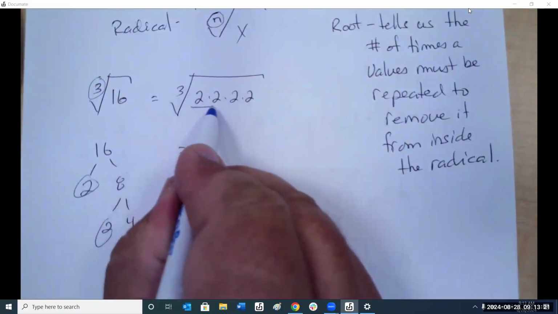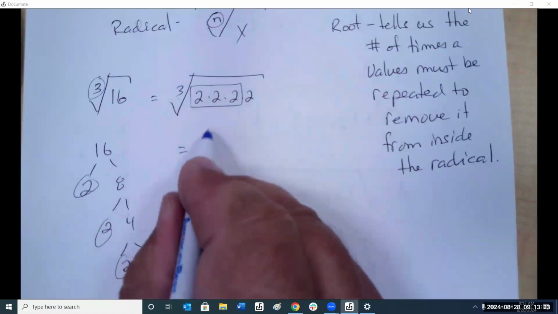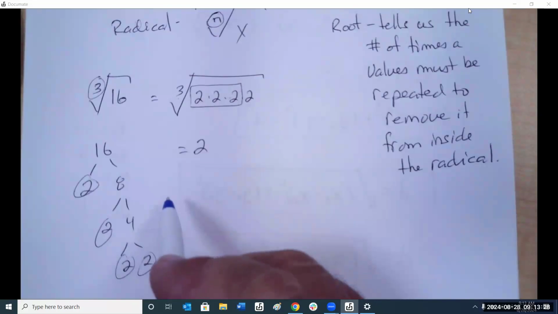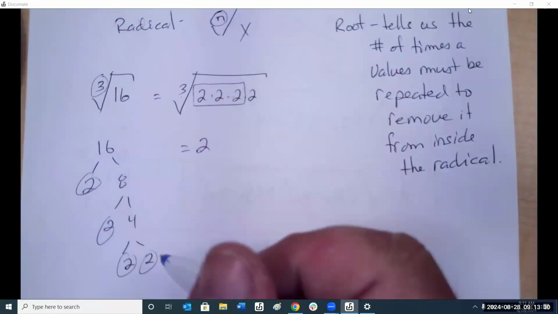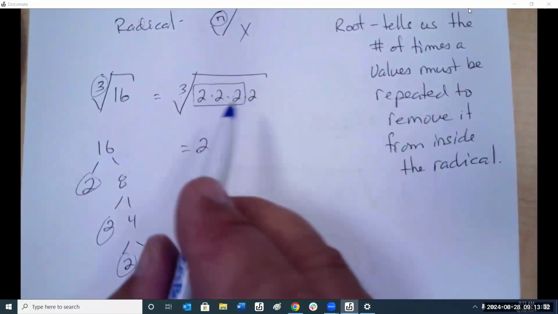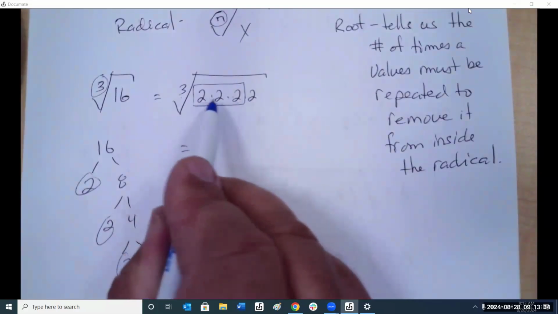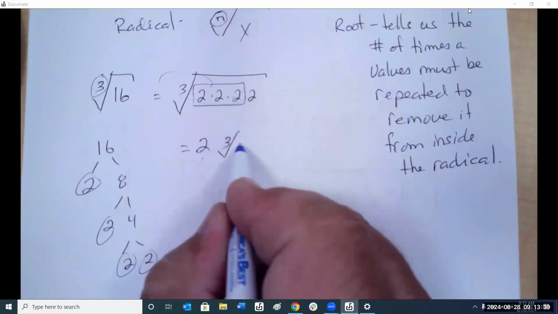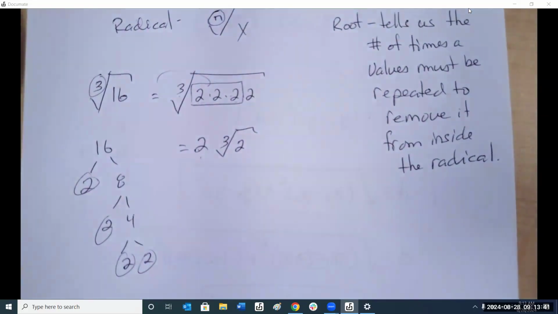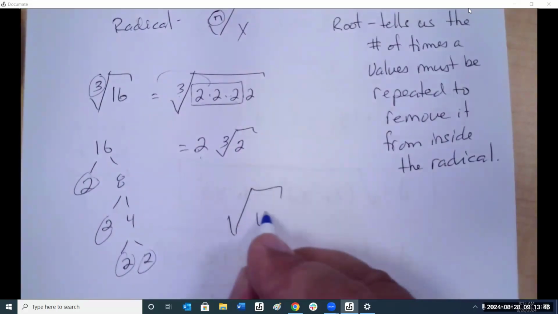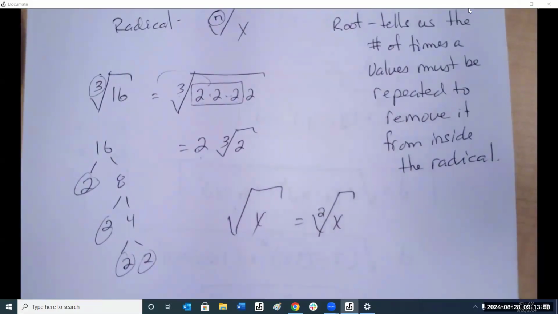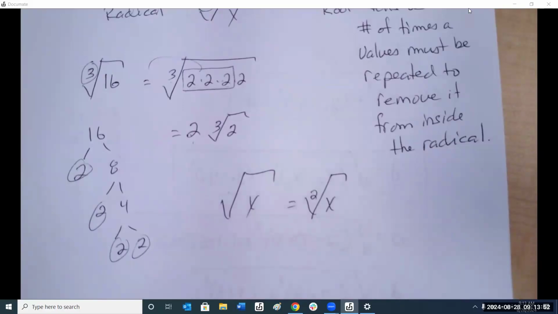We need 3 of a kind. So just bring out the 2. Since it repeats itself 3 times, it's 2, because 2 times 2 times 2 is 8. Anything else stays inside there. Thank you very much. If it's a square root, there's an invisible 2. That's why we say square root, showing two sides.